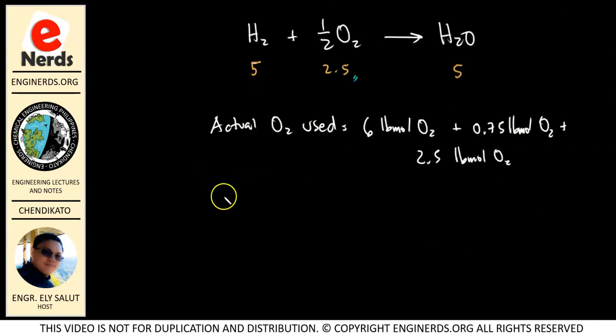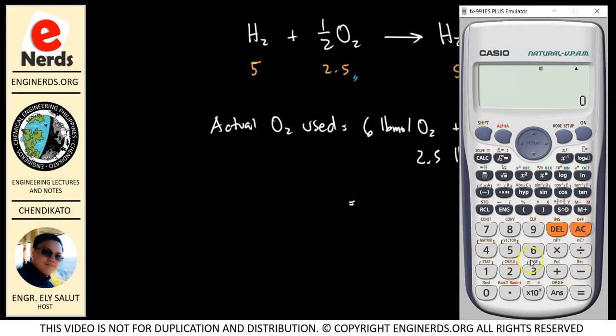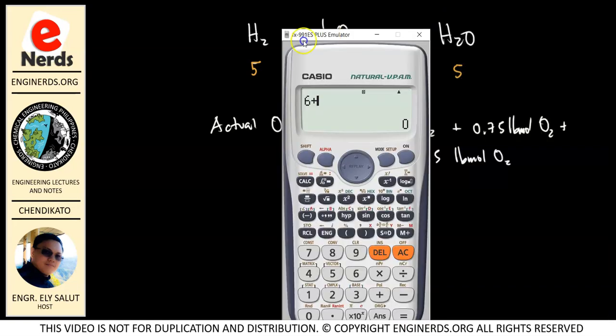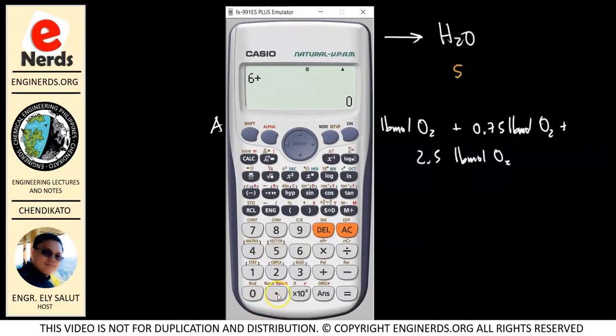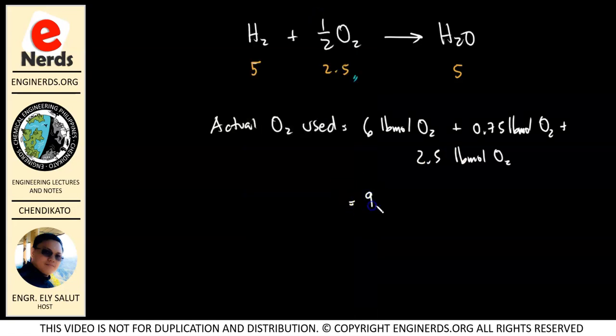Okay, so actual O2 used is equal to, calculate natin, 6 plus 0.75 plus 2.5. So we have 9.25 pound mole of O2 is used. Okay? Actual, no?